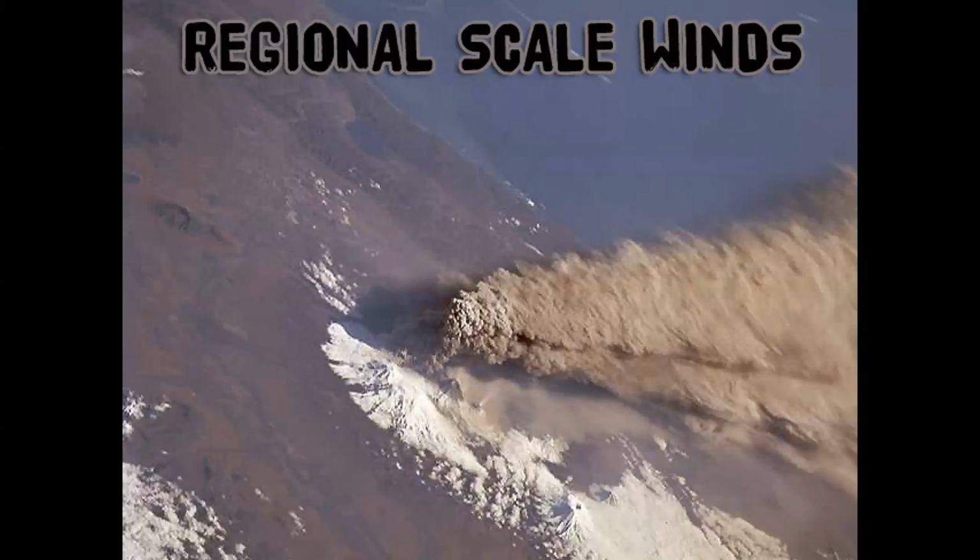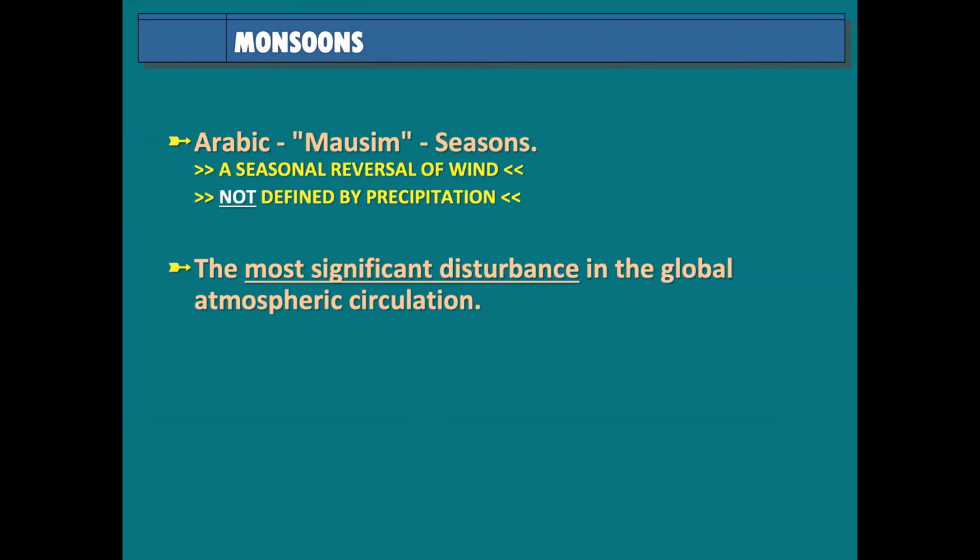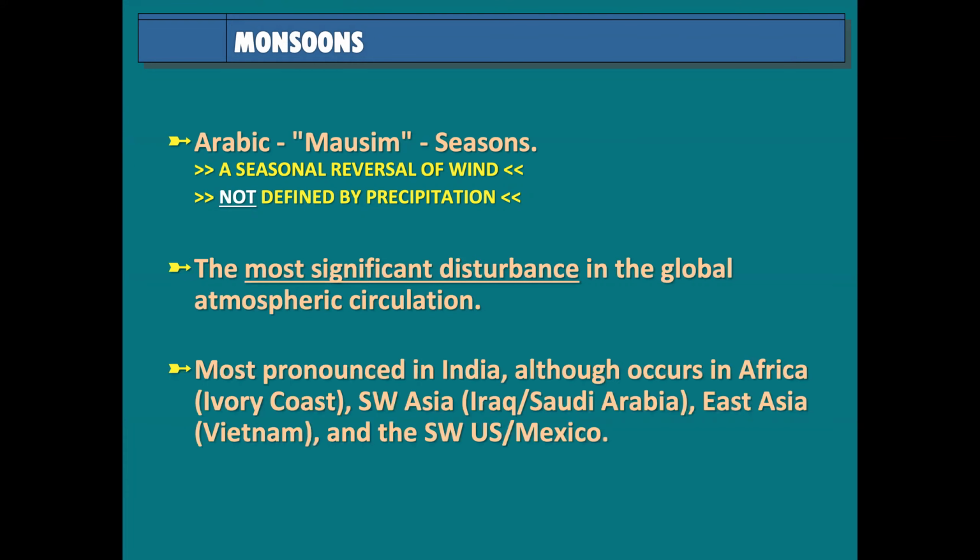Regional scale winds. Monsoon will be the first one, and monsoon is a seasonal reversal of wind. That's a key term right there, or a key point. You find them most notably in India. That's the one everybody kind of hears about.